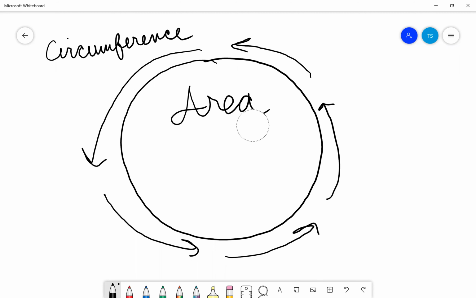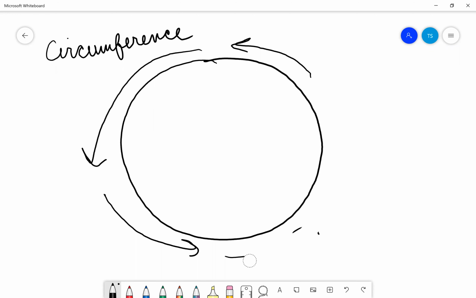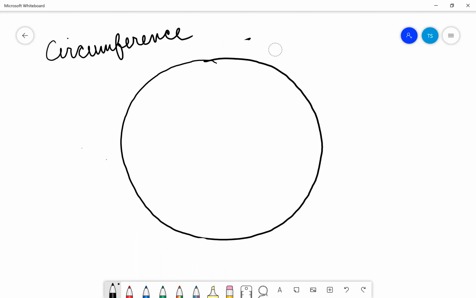Let's talk about two more things with circles, two terms that we might not have heard of yet. We have a radius and a diameter. If I have a measurement from the middle of my circle to the outside, that is called the radius. Let's say that this is 10.